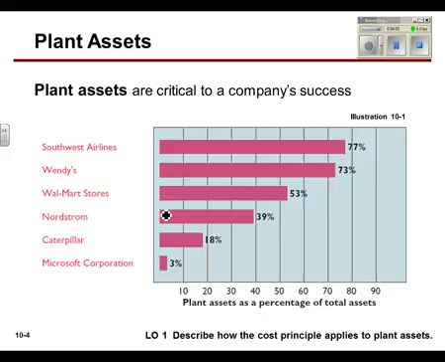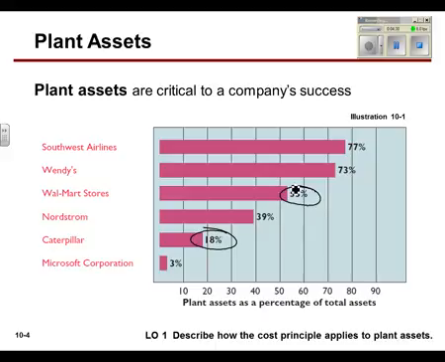Now, why is Caterpillar so small? They're selling their stuff, okay? About half of Walmart's assets, so if you think of all of their inventory, half of their assets are tied up with plant assets.